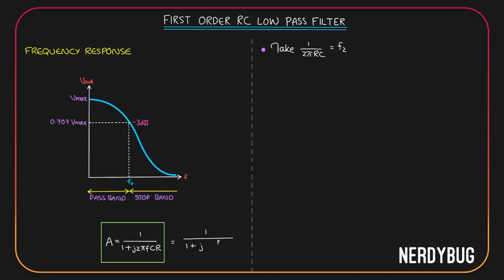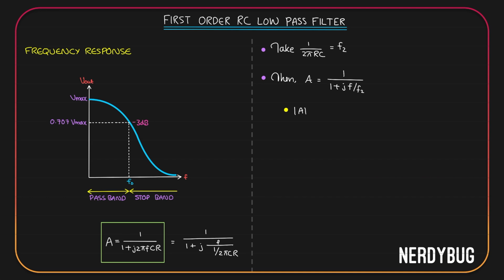I will write it like this: F divided by 1 by 2 pi CR. 1 by 2 pi CR, or 1 by 2 pi RC, we are calling it F2. Then A can be written like this: 1 by 1 plus J F divided by F2.